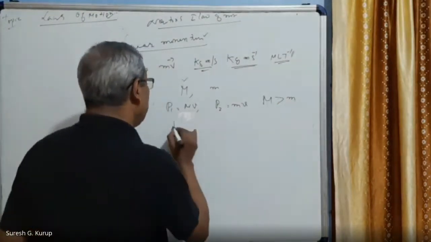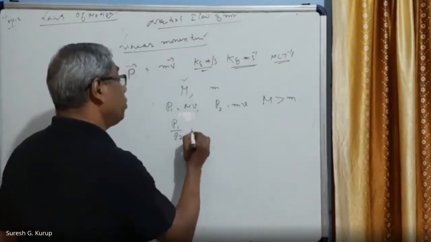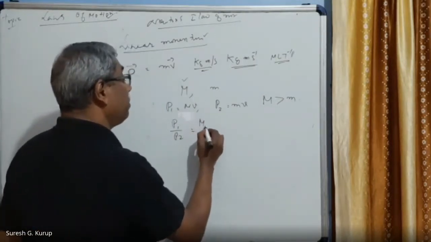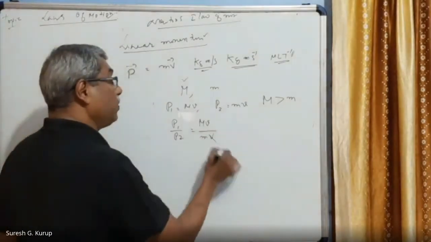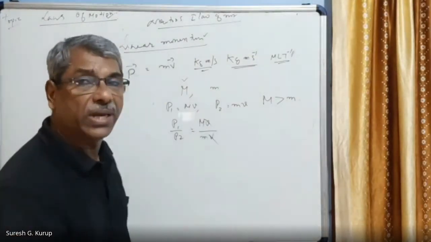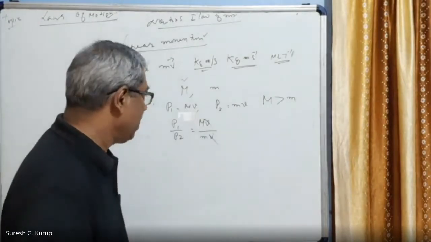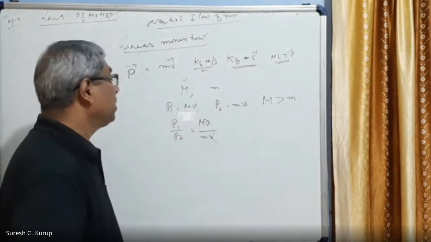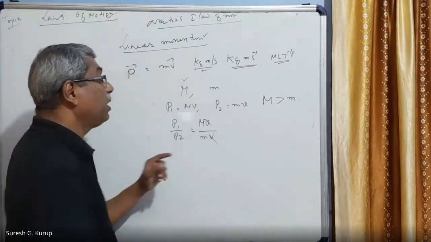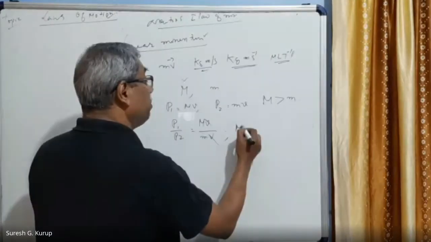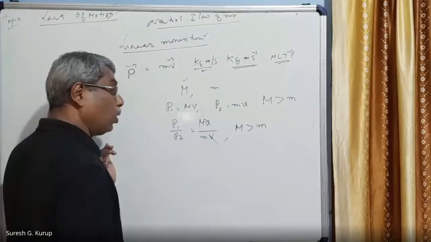Then P1 by P2 is equal to capital M v divided by small m v. v and v cancel because they are moving with the same velocities. Therefore P1 is greater, since capital M is greater than small m.